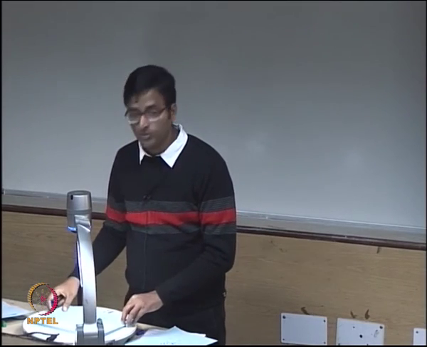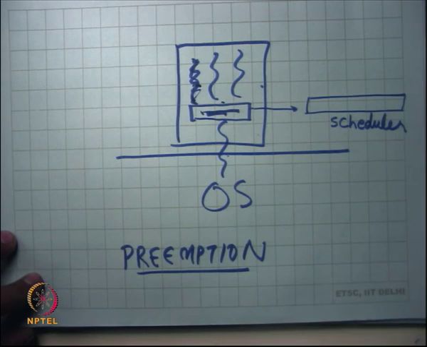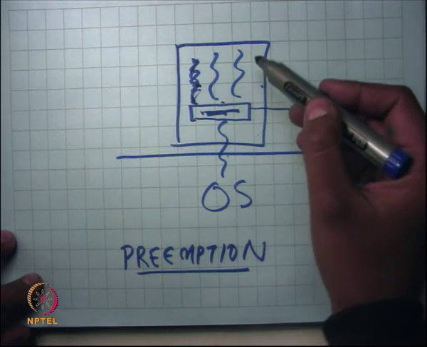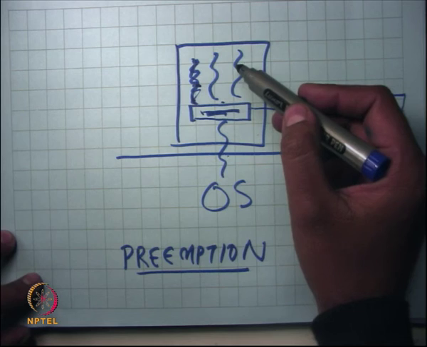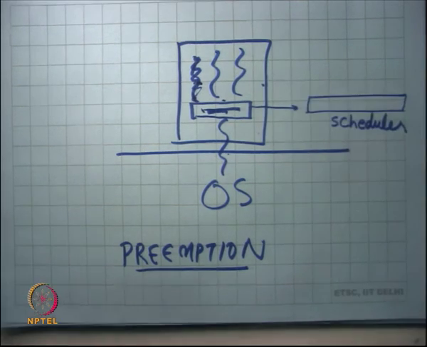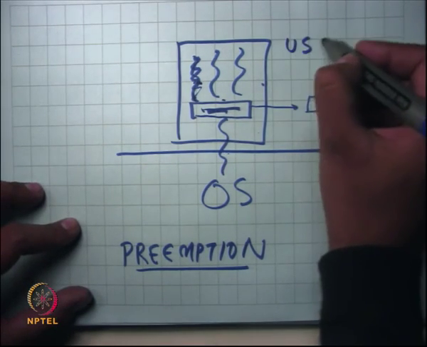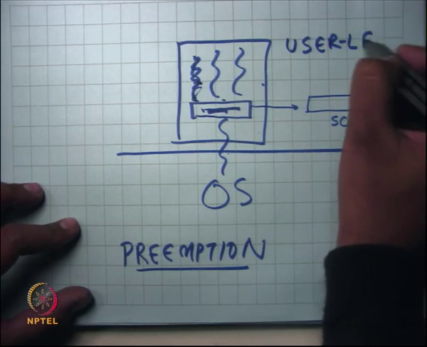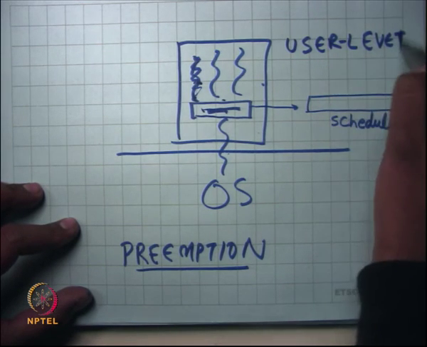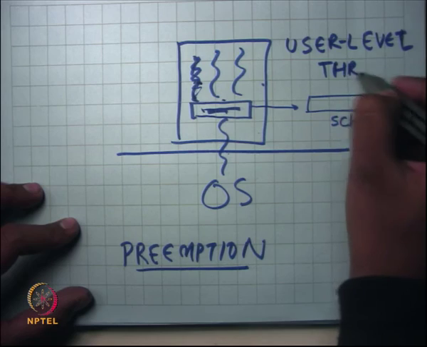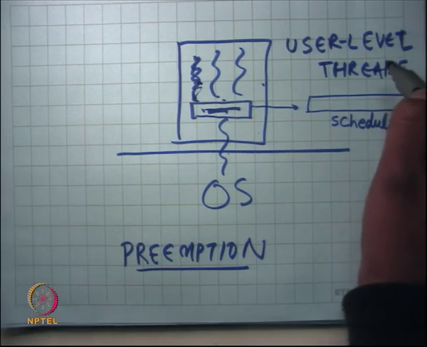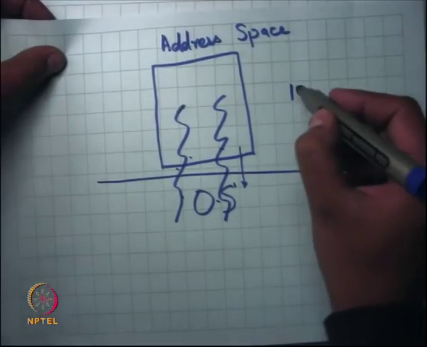Now the question is, what's the advantage of doing something like this? Clearly there is no physical concurrency achieved by having multiple user level threads inside a process. Firstly, these are called user level threads, and these are called kernel level threads.